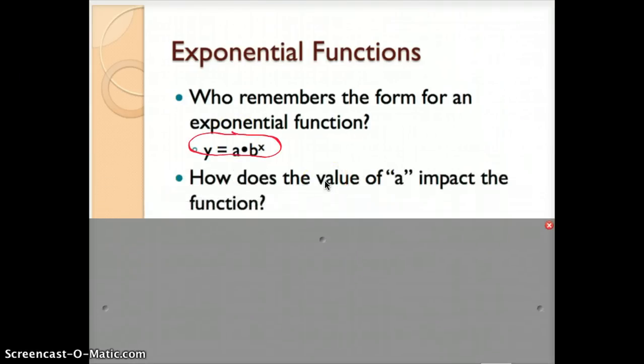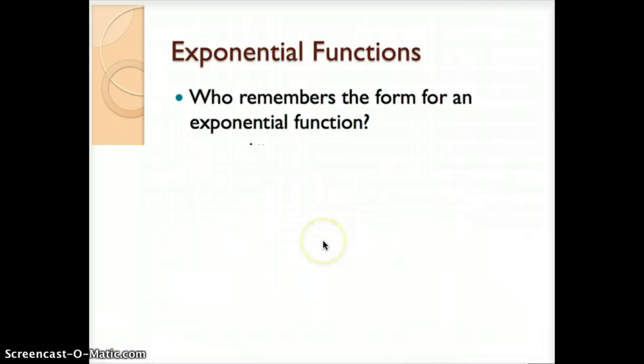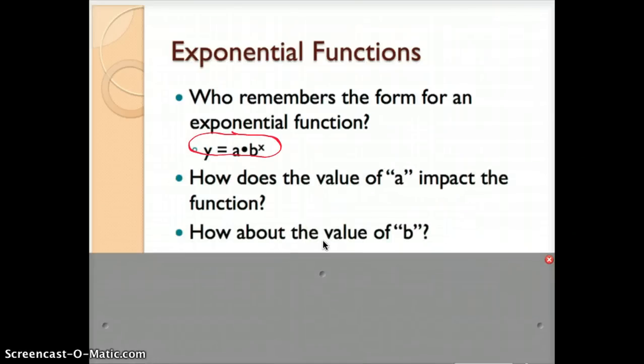Okay, but I want you to think about, how do you think the value of a impacts the function? What do you think that does to it? And then how do you think the value of b impacts the function? What do you think that does to it? Okay, so let me give you an example, like y equals 4 times 2 to the x.